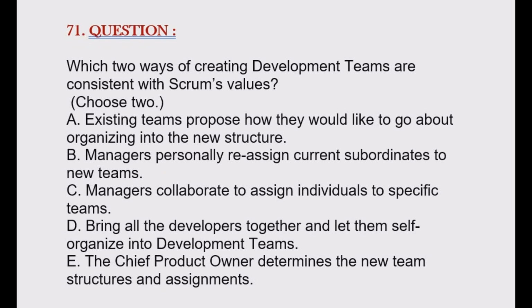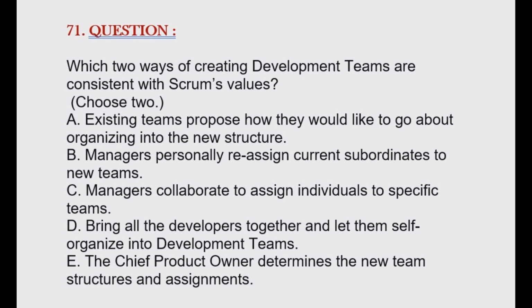Question is, which two ways of creating development teams are consistent with Scrum's values? Choose two options. Option A, existing teams propose how they would like to go about organizing into the new structure. Option B, managers personally reassign current subordinates to new teams.